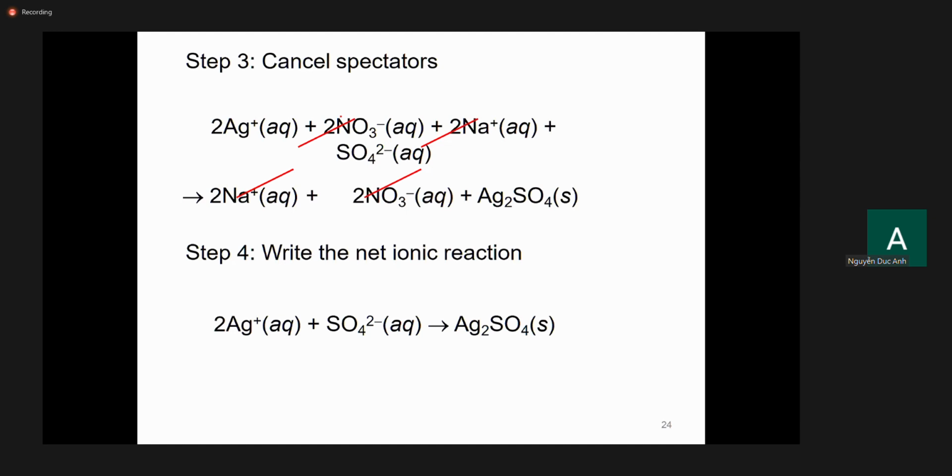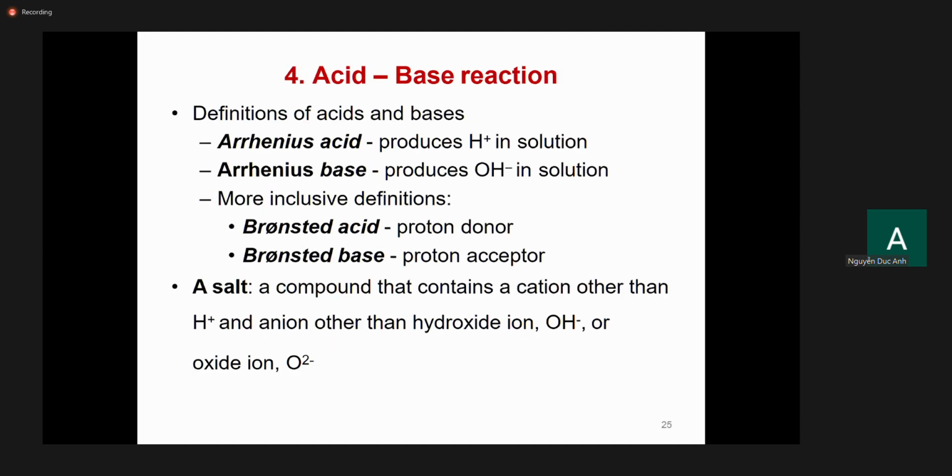So you cancel sodium and nitrate, and then the net ionic reaction will be silver plus sulfate 2 minus forming an insoluble material, a solid or precipitate. Here it is silver sulfate.